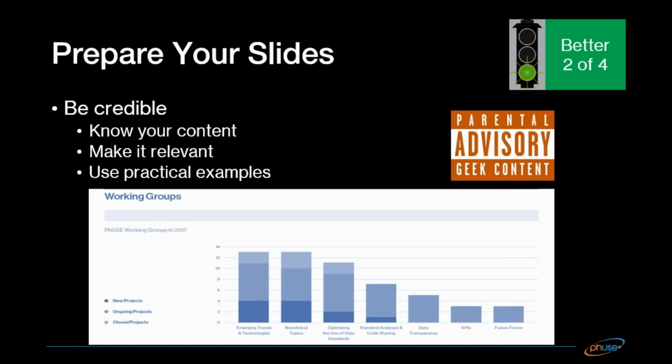There's no point in putting that into your presentation if you're not really going to talk about it, or you're not prepared to answer any questions that the audience might have about the PhUSE working groups. So obviously you need to know that information. Don't put in anything in there that's not relevant to your presentation itself.